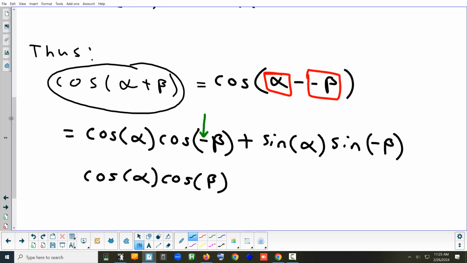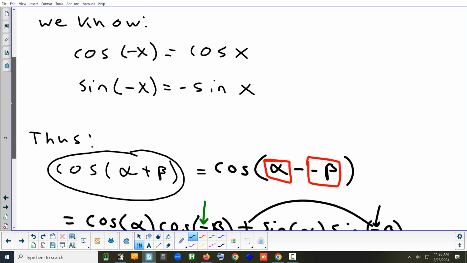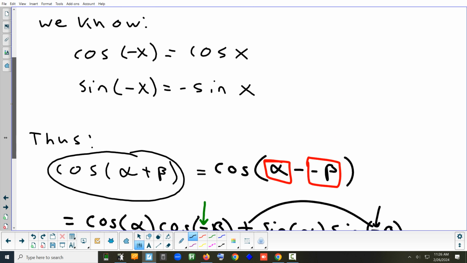Now, how about that negative? How can I get rid of that one? Move the negative in front of the sine. Instead of sine of negative x, we can make it negative sine x.